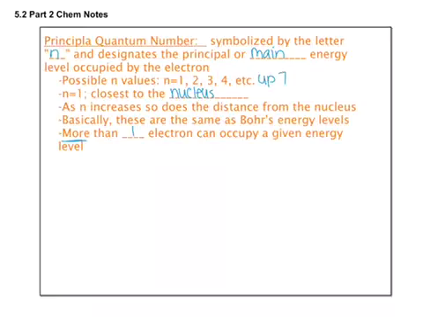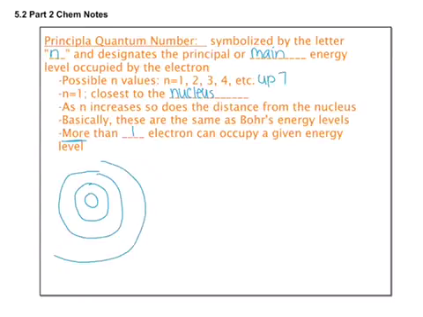But the specific number of electrons that can be held in each energy level depends on the actual value of n. Think of it as the further away from the nucleus you get, the bigger the distance around your energy level, and so it can hold more and more electrons as the size increases.